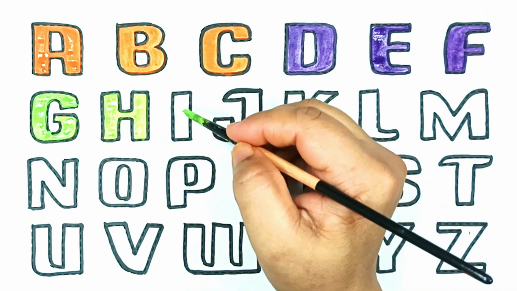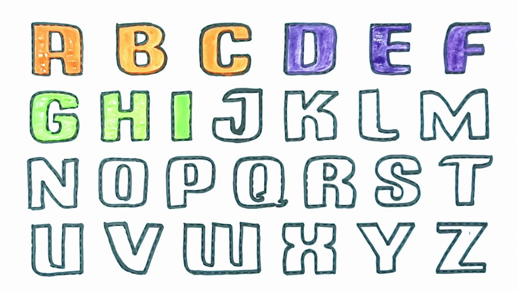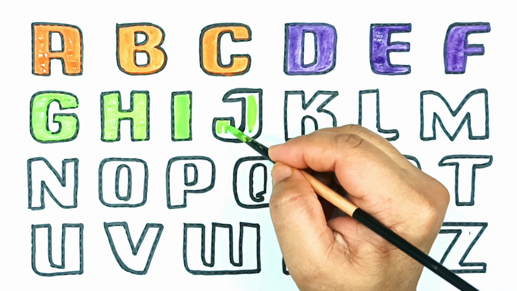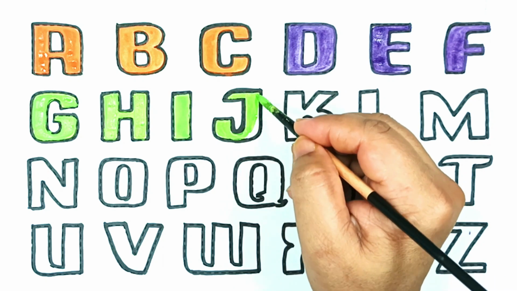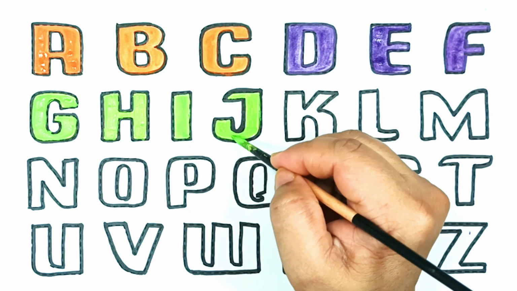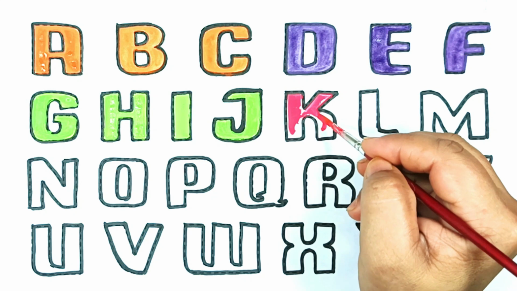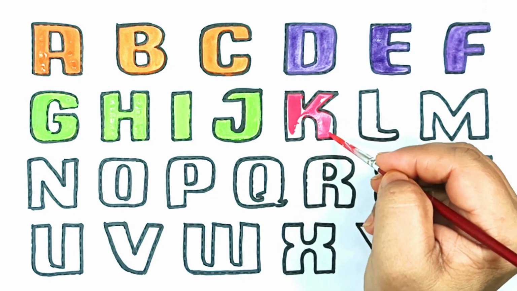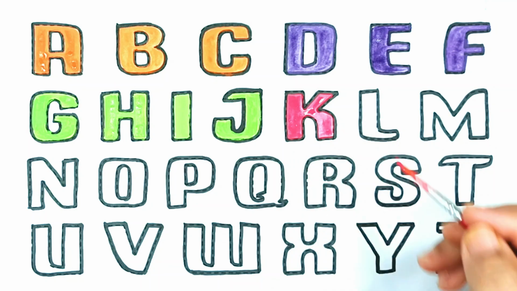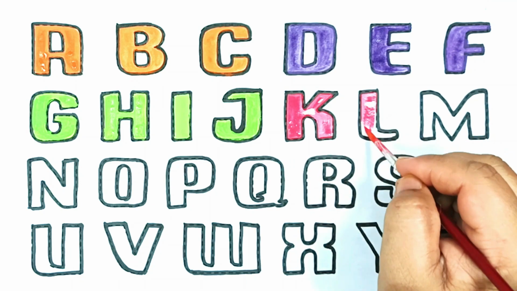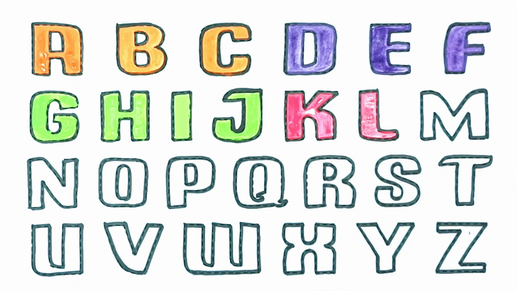H for hat. I for igloo. J for jam. K for kite. L for lamb.